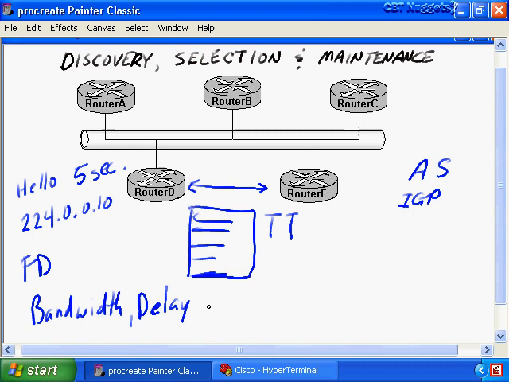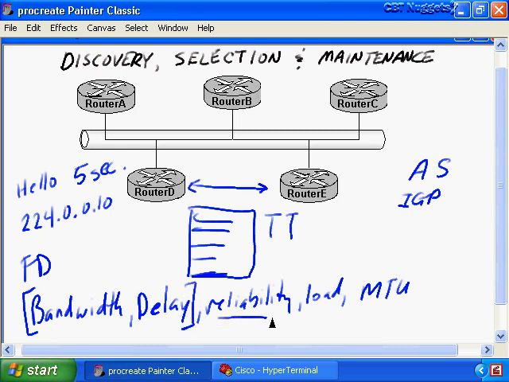Now, in addition, it can use additional metrics, which are reliability, load, and the MTU, or the maximum transmission unit. And it can combine all these metrics for more complex environments. Generally speaking, however, most of you will always just simply use bandwidth and delay, and it's really quite rare to find tweaking these values of these constants.